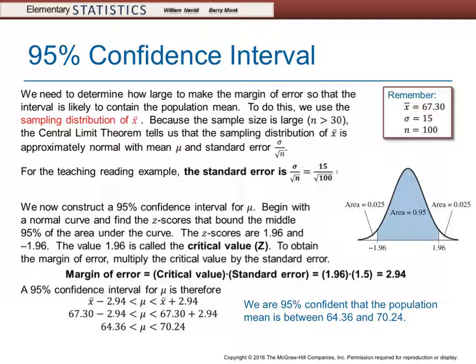Now we construct the 95% confidence interval. We begin with a normal curve and find the z-scores that bound the middle portion of the 95% area under the curve. The z-scores are 1.96 and negative 1.96.